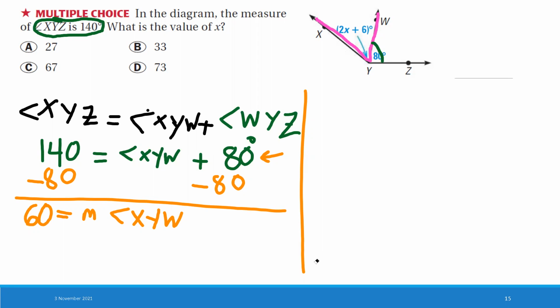Now, but this is what I want. I want the value of X. How will I find the value of X? If this is 80, this will be 60.